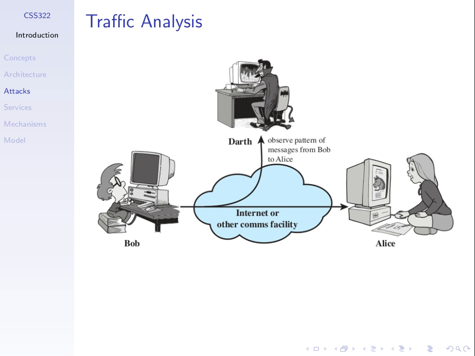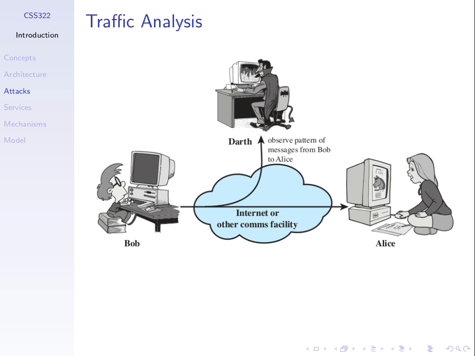So you can hide that certain things are happening by sending fake or unnecessary messages so that it's harder for the attacker or the malicious entity in this case to determine what's happening.